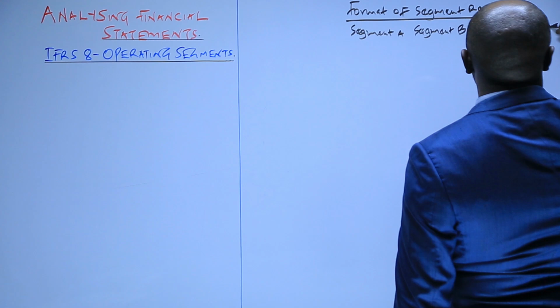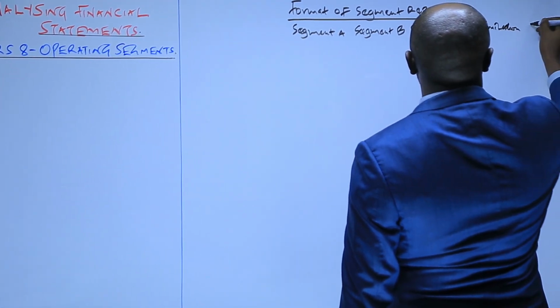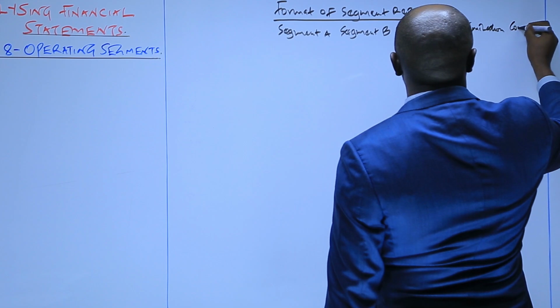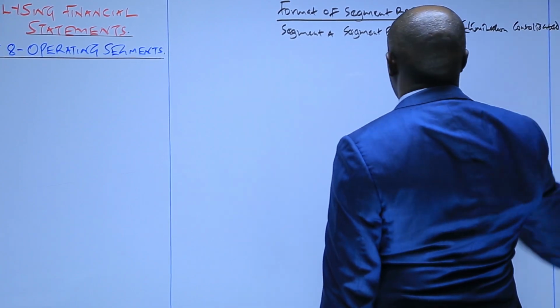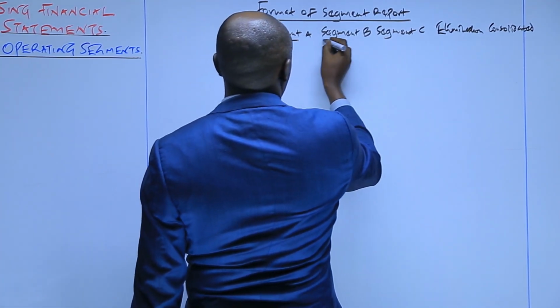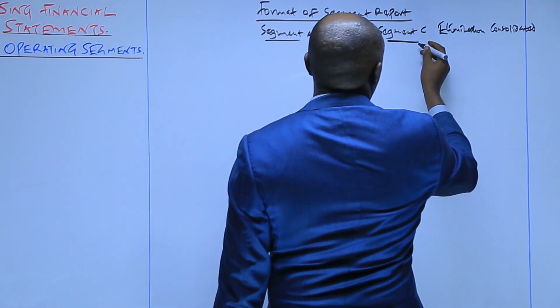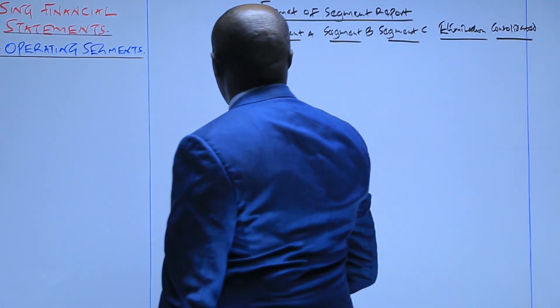Then we have an additional column here, which is the elimination column. And this elimination column is for eliminating any intersegment transaction, meaning that all the intersegment transactions do not go to the last column, which is the total or the consolidated column.